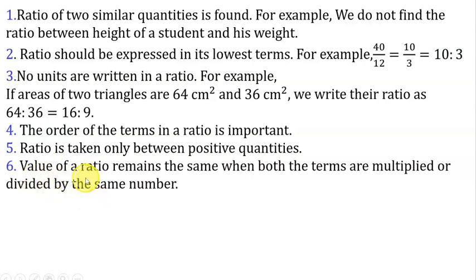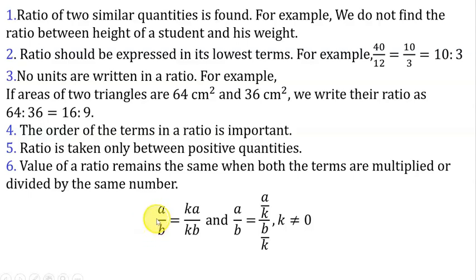Next, the value of a ratio remains the same when both terms are multiplied or divided by the same number. That is, if we have a ratio A upon B, if we multiply by k, its value remains the same. If we divide by k, its value remains the same, where k is not equal to 0.